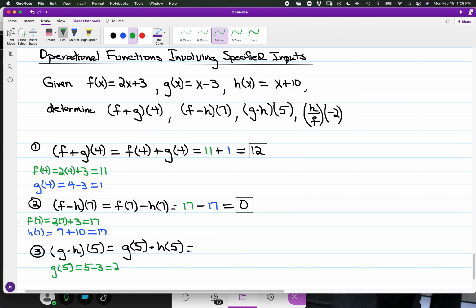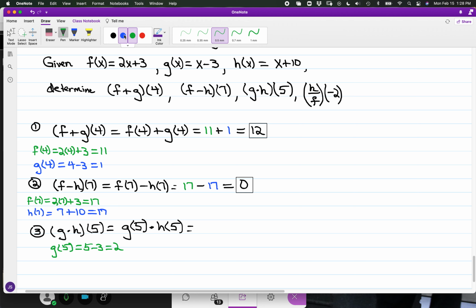And g of 5 is equal to 2. For h of 5, okay, so h of x is x plus 10. Well, h of 5 is going to be 5 plus 10. So this is going to be 15.